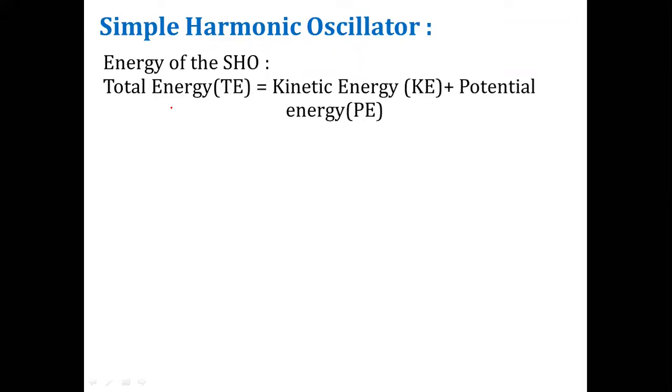So we know the expression for the kinetic energy and the expression for potential energy. Kinetic energy is given by 1 by 2 mv square. The potential energy is given by 1 by 2 kx square. You have already seen the expression for velocity and displacement.